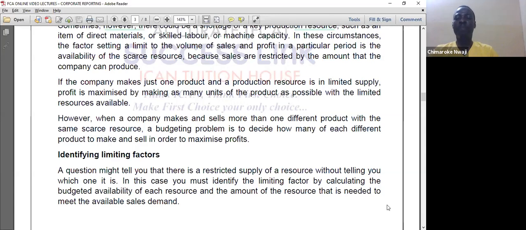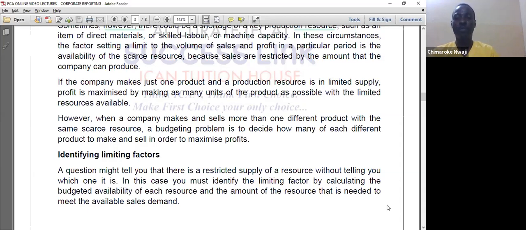If you remember the question that we did in throughput accounting, you were given some items and you were not told which one of them is the bottleneck or the limiting factor.